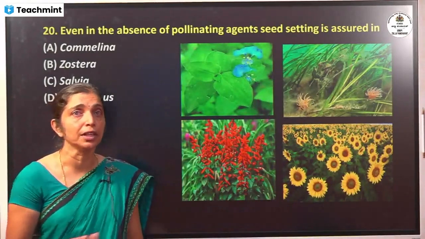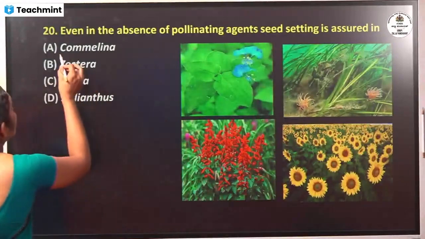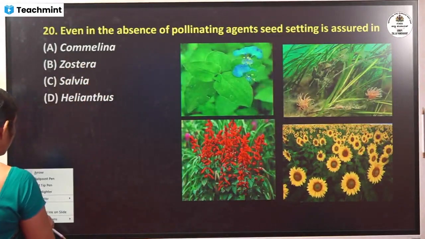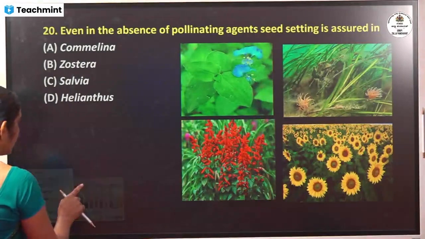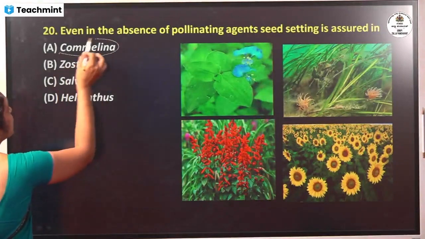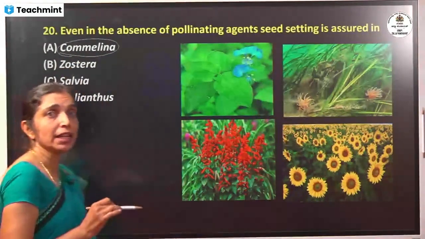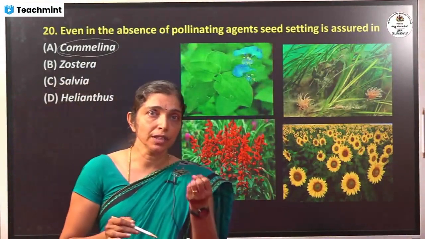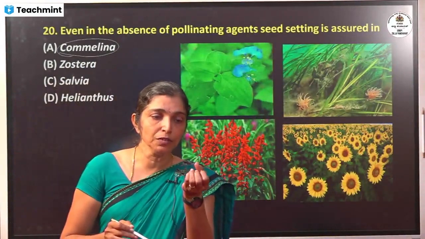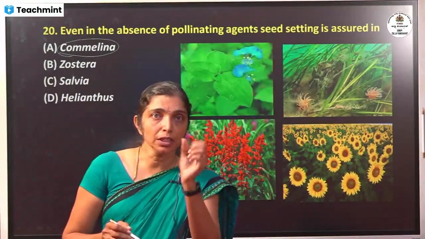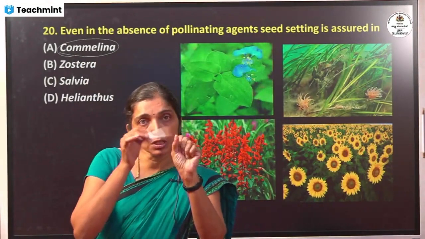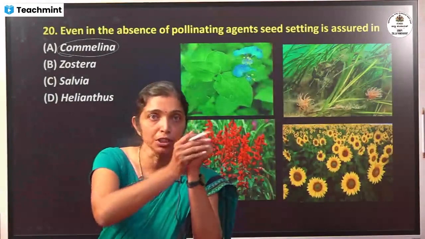Commelina is one plant. Now this is a cleistogamous plant. Even before the buds open, they remain closed, and within that closed flower itself, self-pollination will be taking place.